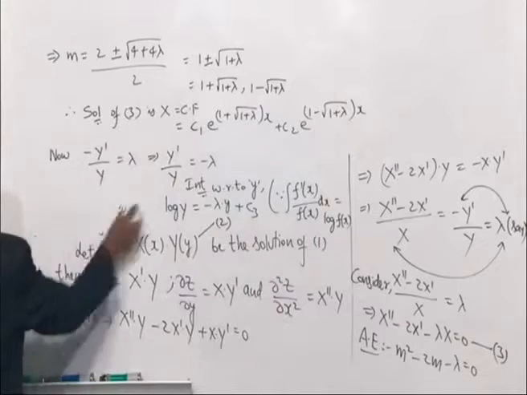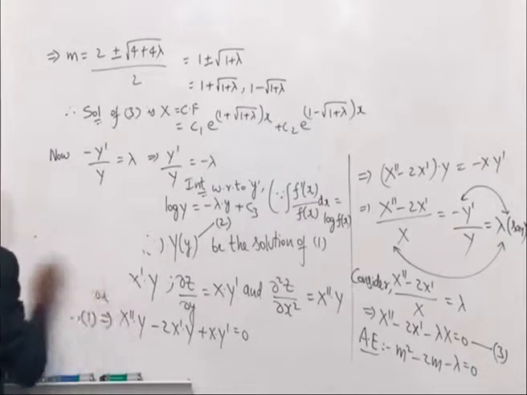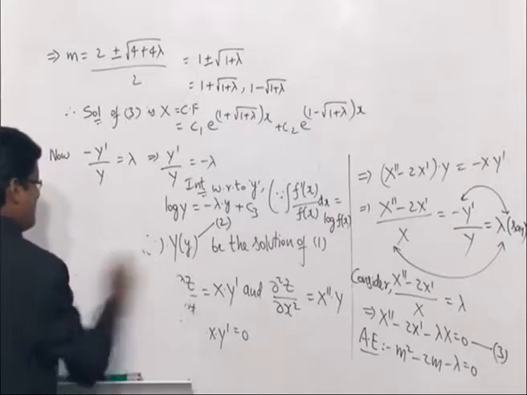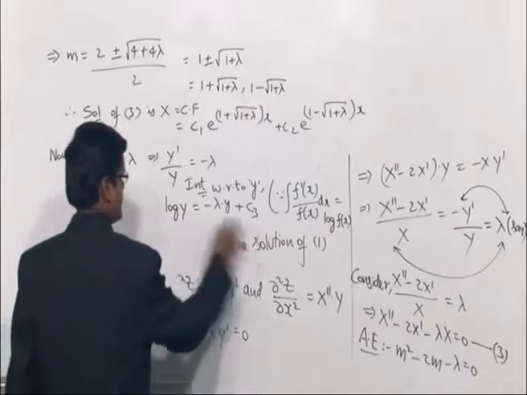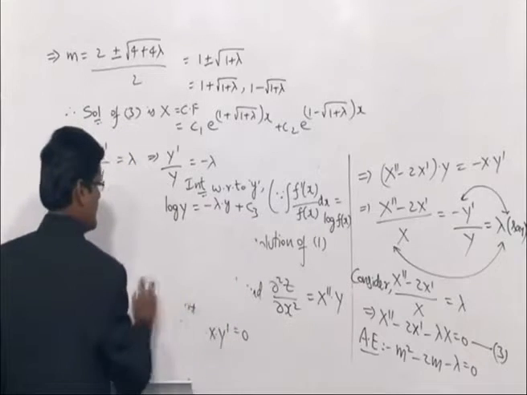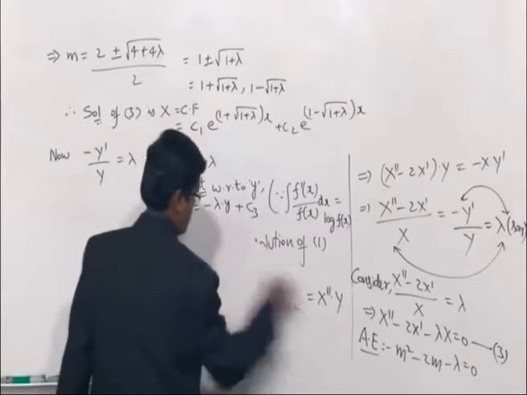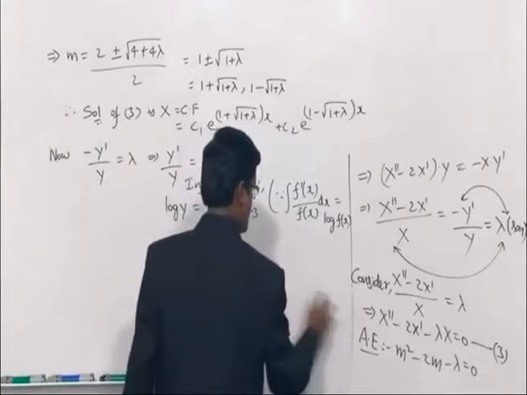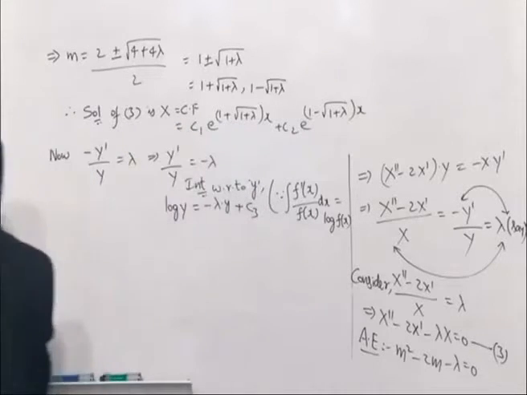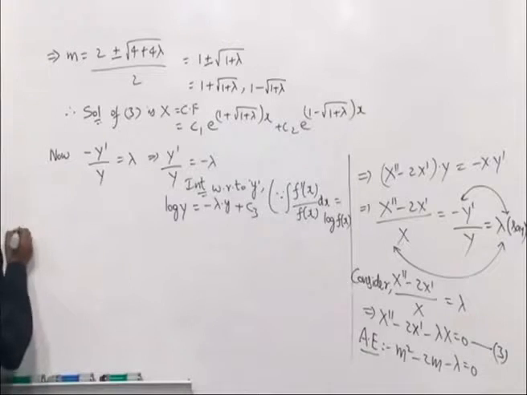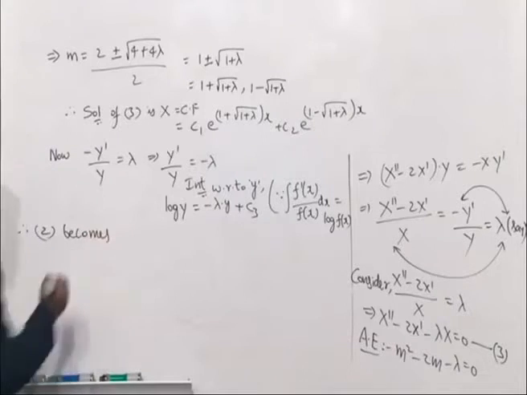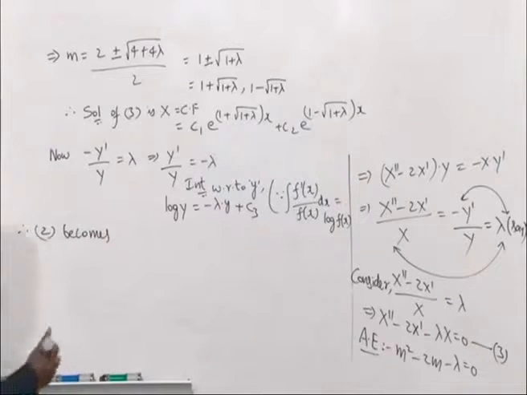Now after finding the individual solutions, substitute them in equation 2. So therefore 2 becomes, substituting these individual solutions in equation 2.